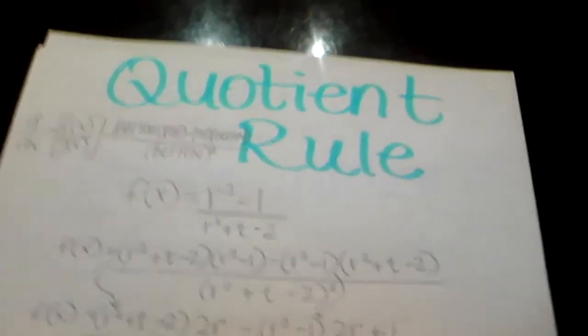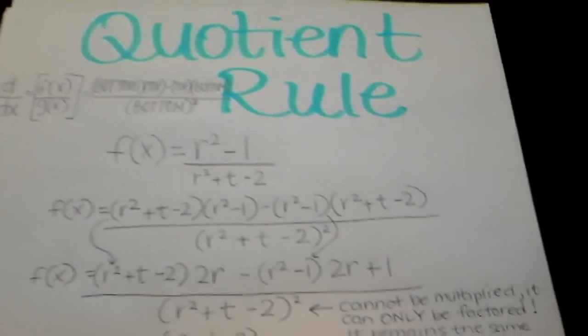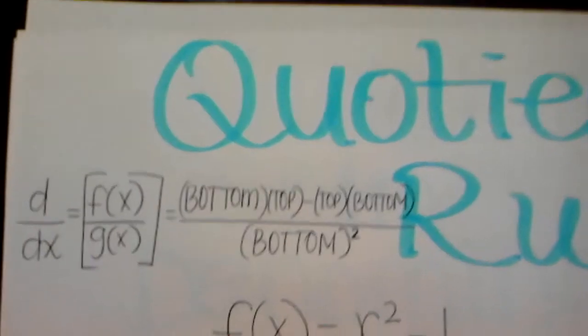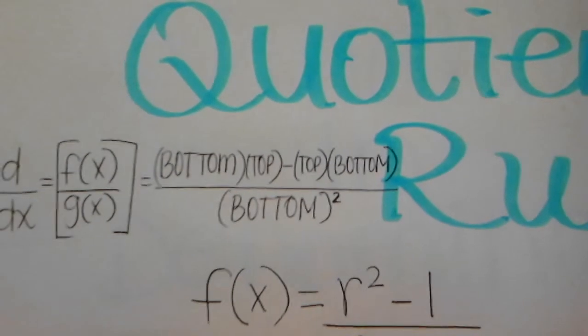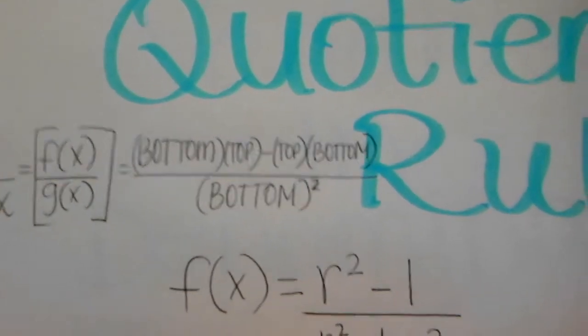Then divide that by the bottom function squared. And the easy way to remember is to think of bottom times top prime minus top times bottom prime, all over bottom squared.